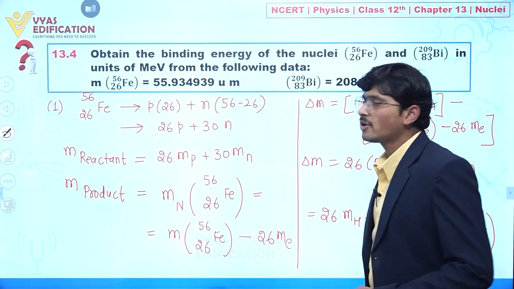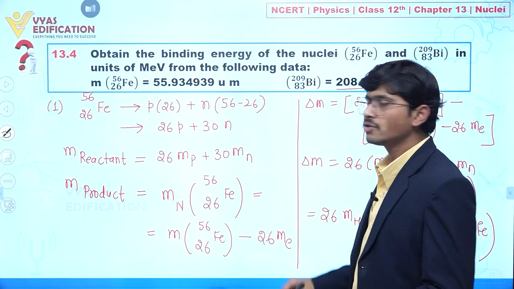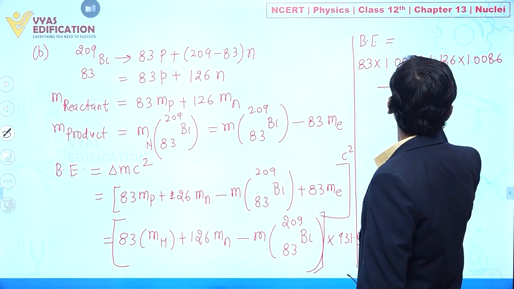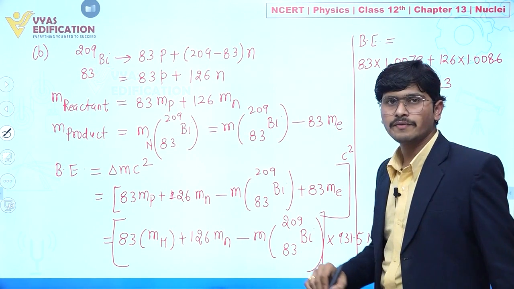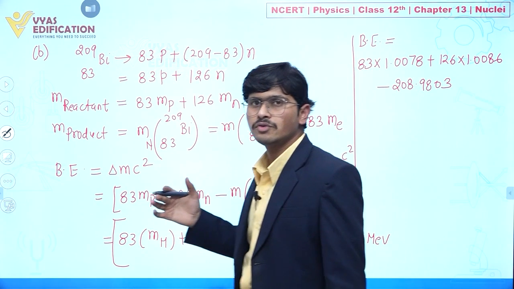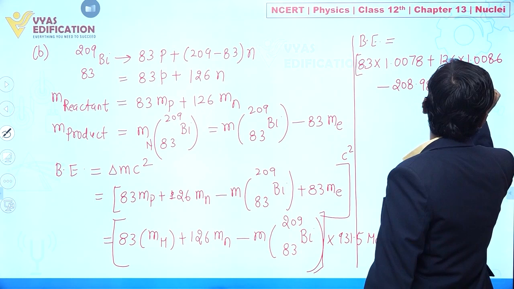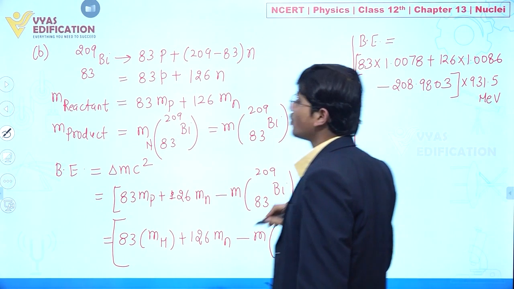Minus, now the atomic mass, it is provided to you, 208.9803. Clear to everyone? So definitely again we have to do some calculation on this side, and if you multiply this with 931.5 million electron volt, you will get your binding energy.